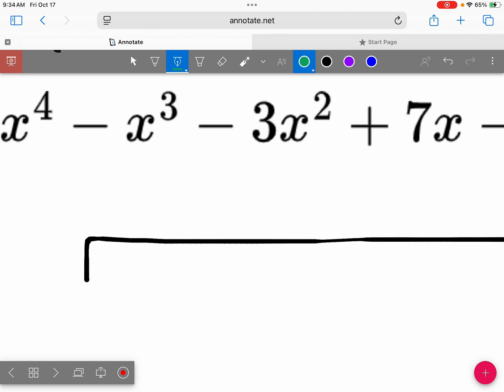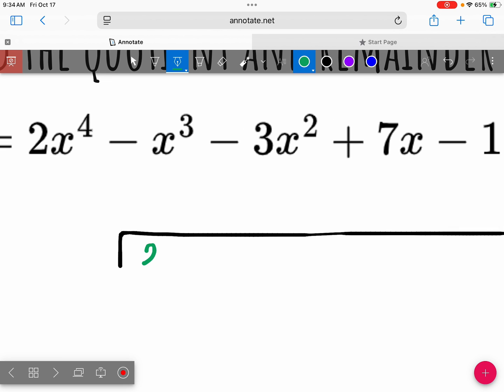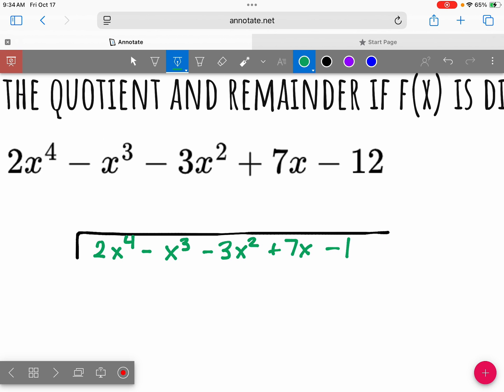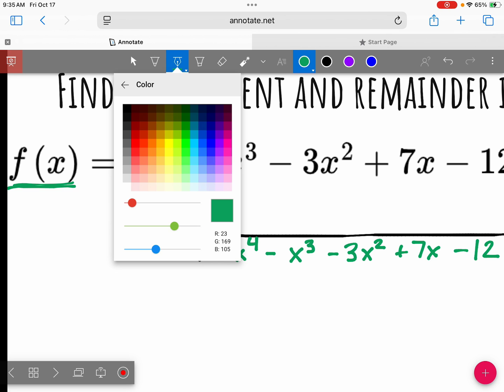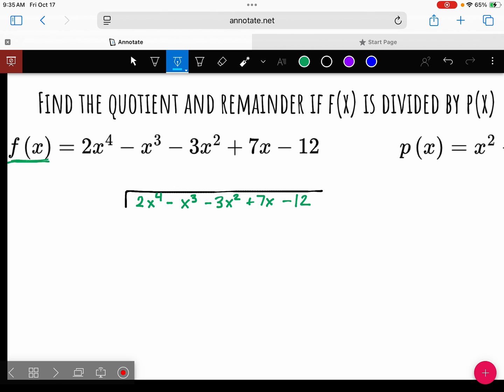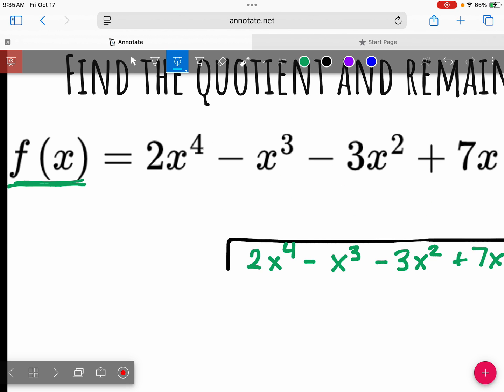I'm going to have my 2x to the fourth minus x cubed minus 3x squared plus 7x minus 12. I had it zoomed in too far. That's this guy. And we want to divide that by our x squared minus 3.